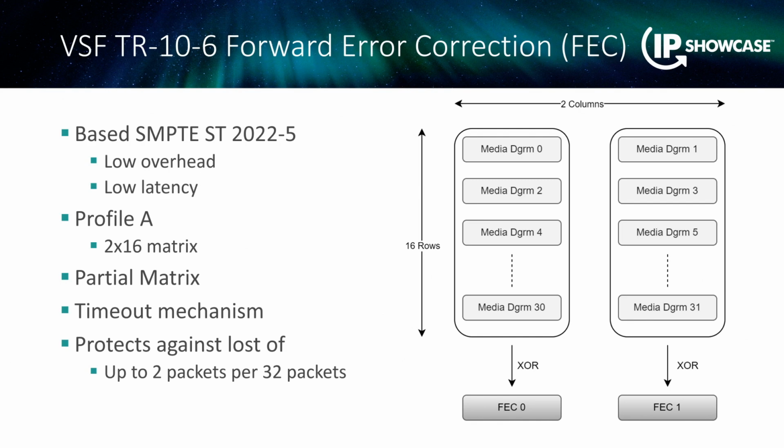So we're saying it's 2022-5, this profile, that way. It provides us protection for losing 2 packets every 232 packets, which in modern networks, modern equipment, even RJ45, Cat5 base, is sufficient. And it's simple. So that's our TR-10-6.